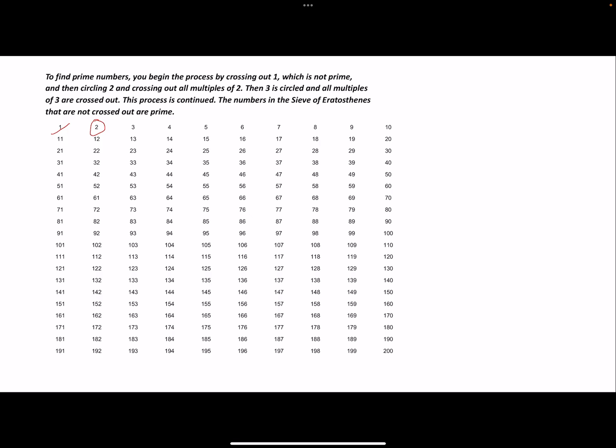And the way this works is you're going to go through and mark out all of the multiples of 2. So that would be 4, 6, 8, 10, 12, 14, 16. And you just continue marking out all the multiples of 2.